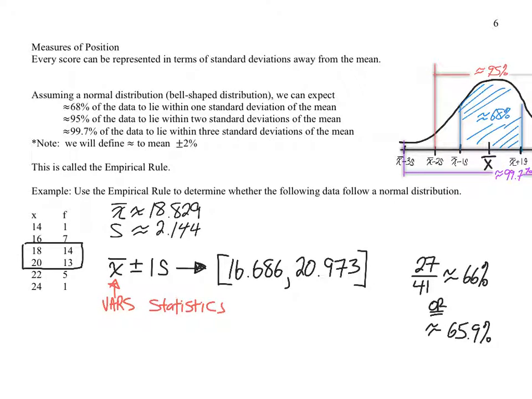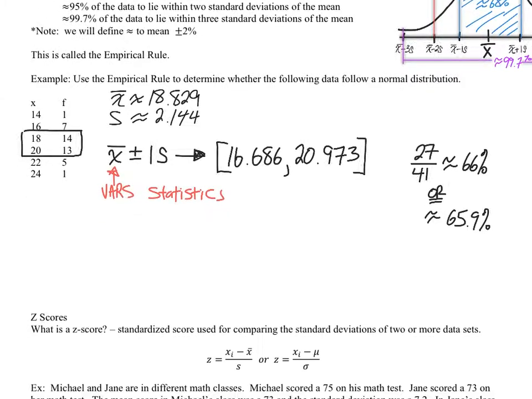The answer is maybe. This is right on the borderline. You could go either way. Some people write the 66% and say, yes, it checks out. Some people say 65.9% and they say, no, it fails. All three conditions have to be met in order for it to be a normal distribution. So we have to go the distance here and see if all three are going to work.